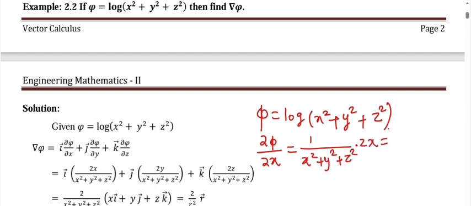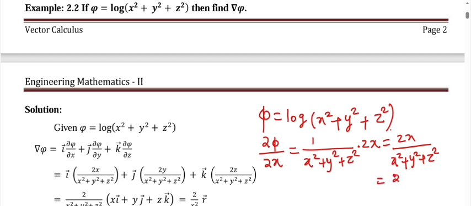So dou phi by dou x is 2x divided by x square plus y square plus z square. In the same way, dou phi by dou y is, instead of x here we have y, that is 2y divided by x square plus y square plus z square. Then dou phi by dou z is also, instead of y here we have 2z, divided by x square plus y square plus z square.